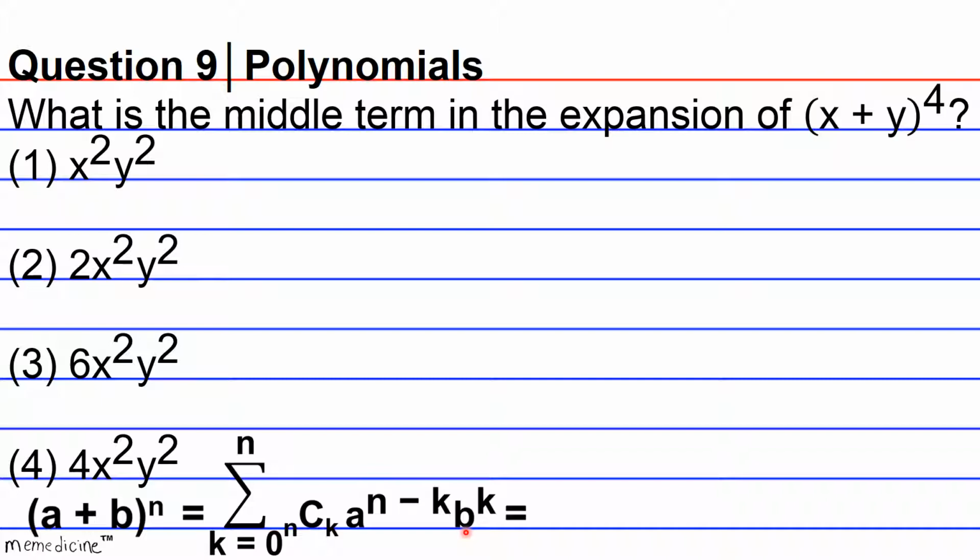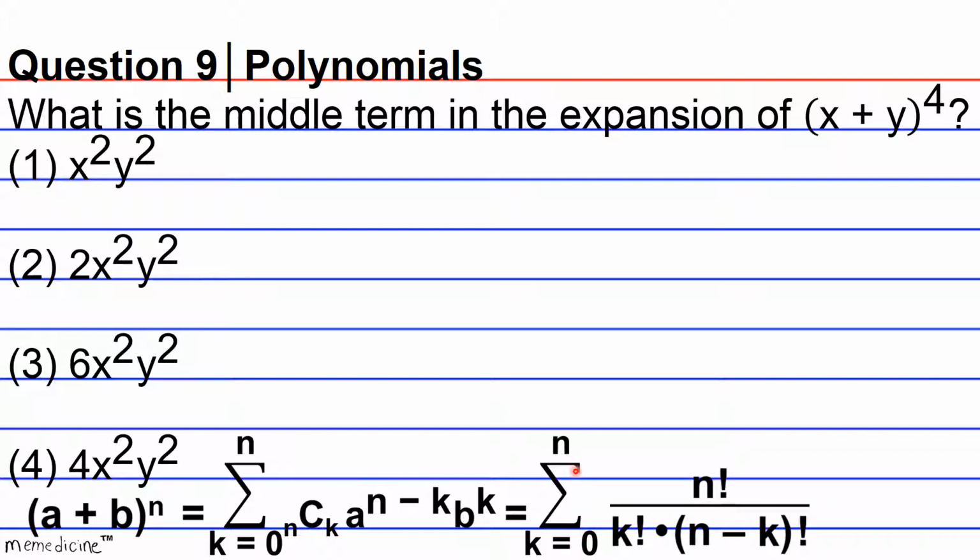This is also equivalent to the summation from k equals 0 to n of n factorial over k factorial times n minus k factorial, times a raised to n minus k, times b raised to k. For now, what I want you to do is not worry about all of this, because each aspect is going to be explained. We're first going to start off with the factorial concept.